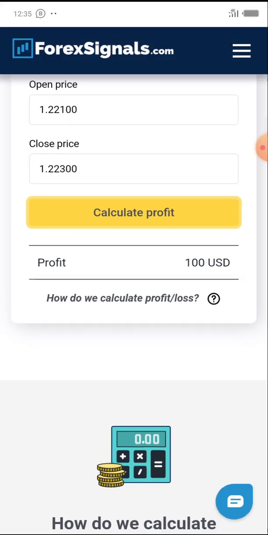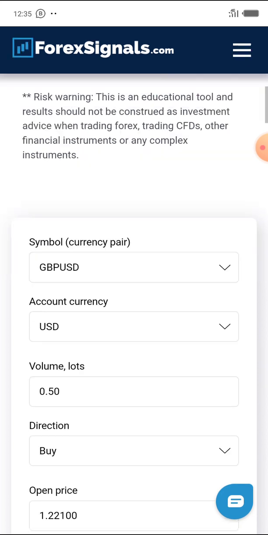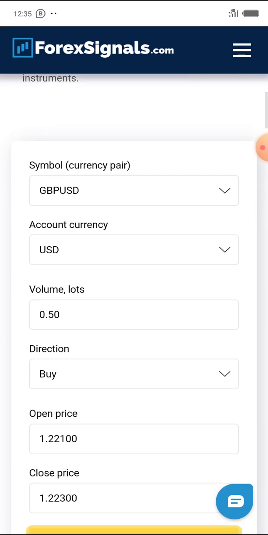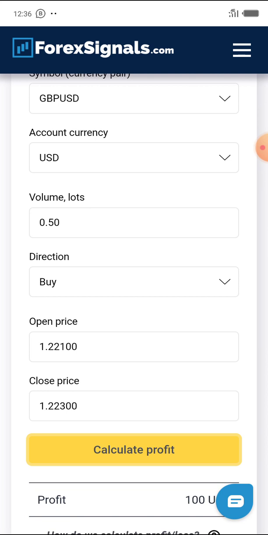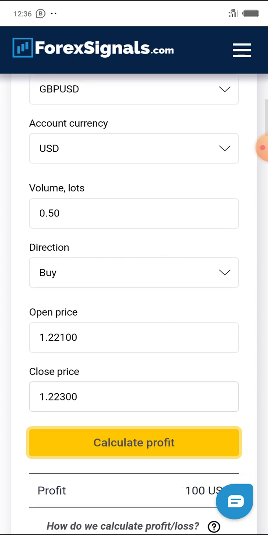So let's do it here. Trading on the GBP USD, our lot size is 0.50, buying at the open price of 1.2210, and you all know how to calculate your pips, right?